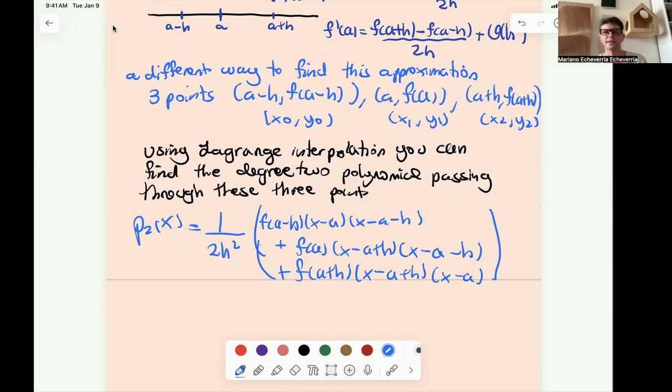It's quadratic, because you see x with x, x with x, x with x, so it's always a quadratic polynomial. And it's not too bad to compute.